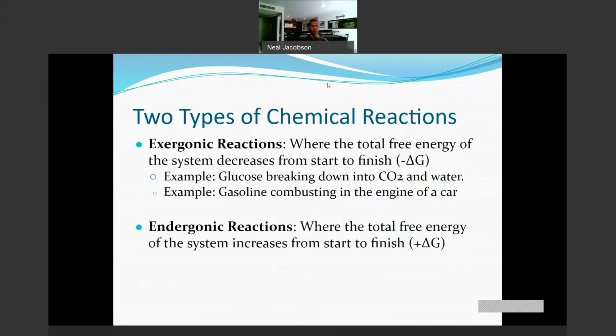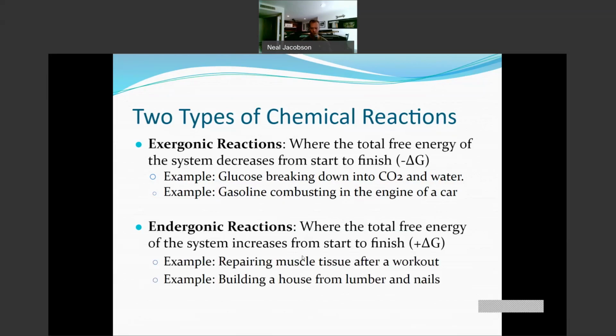So an example of this would be something like, let's say you go work out, right? And you tear up your muscles a little bit. Now your body has to build or repair that muscle tissue after a workout. And so after you work out, what are you? Hungry? Yes. So you're bringing in energy from outside your body in order to fuel the repairing activity of your muscle fibers, right?